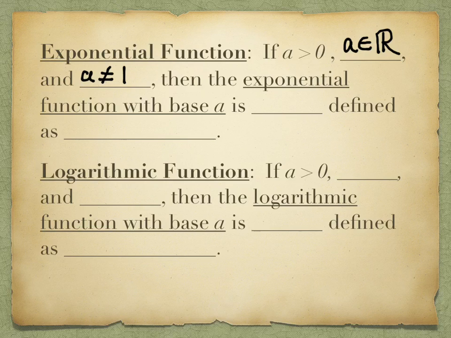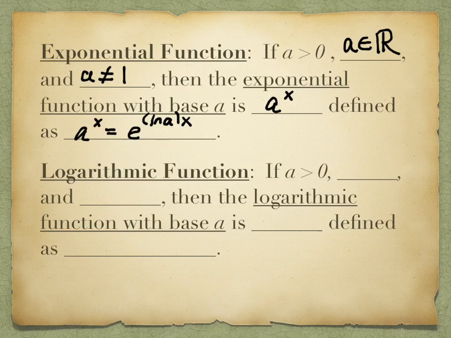Then the exponential function with base a is a to the x, defined as, so what is a to the x? Well, a to the x has actually this definition. It's e to the ln of a times x.